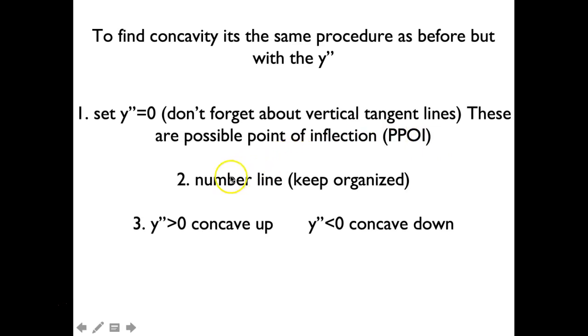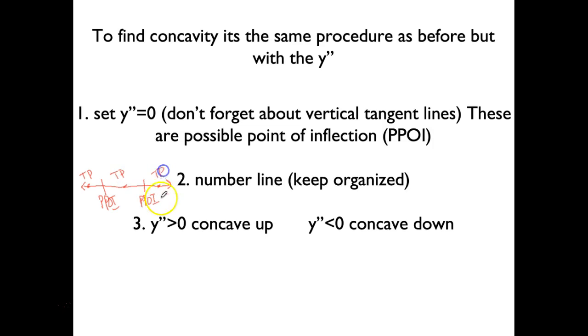Okay, set up your number line, label your PPOIs, just like we did with the critical numbers. You're going to get some possible points of inflection. Just like before we would label the critical numbers, we're going to be labeling possible points of inflection. Then you're going to be grabbing test points on the sides.